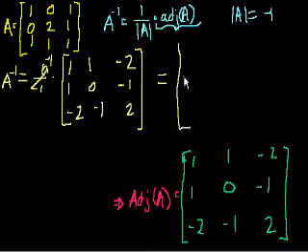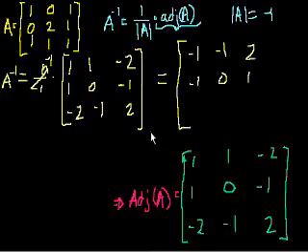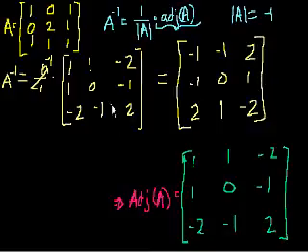So we get, if I haven't made any careless mistakes, -1, -1, plus 2; -1, 0, 1; 2, 1, -2. I think that I have, let's see, I just did a minus times everything. That looks right. And so that is A inverse.